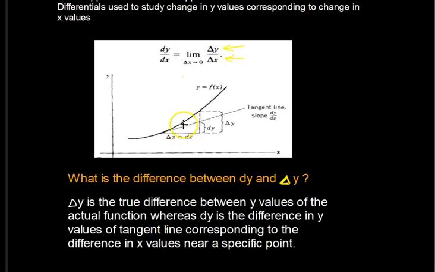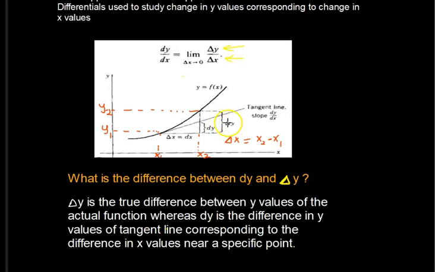So let us understand this concept using this picture. Let us say this point of contact is x1 and this is x2. Delta x represents the change in x values, x2 minus x1, and this one is the corresponding y value, and this is y2, which is the y value corresponding to the x value x2.